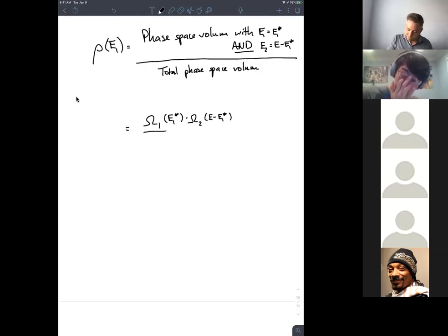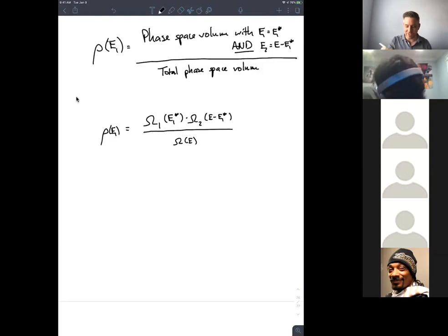And then we divide by the total system volume. So all that painful stuff we just did was simply to prove that the numerator of this should be the product of the two substate volumes. So we take the product of the two substate volumes with the specific value of the energy that we're interested in, and we divide by the volume of the total phase space.